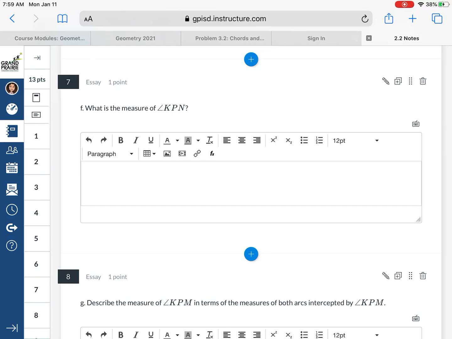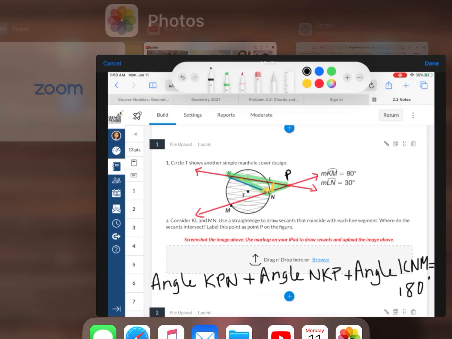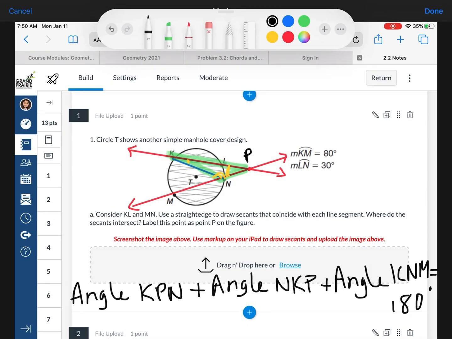What is the measure of angle KPN? Let's use information that we have just found to get our answer here.